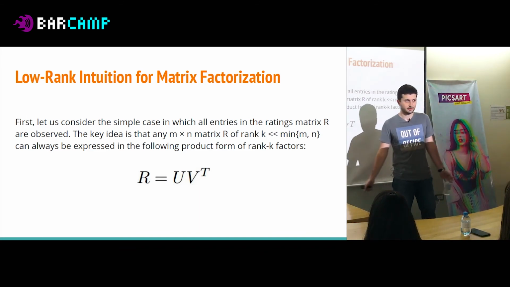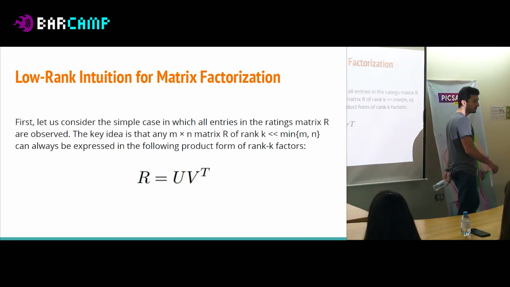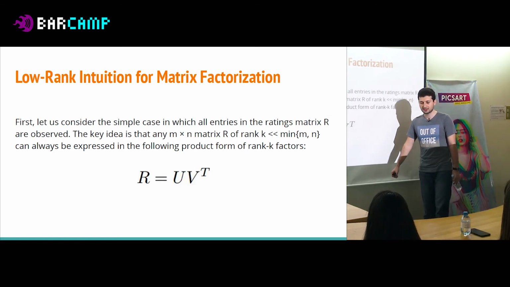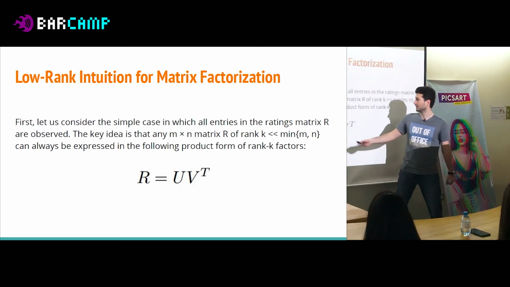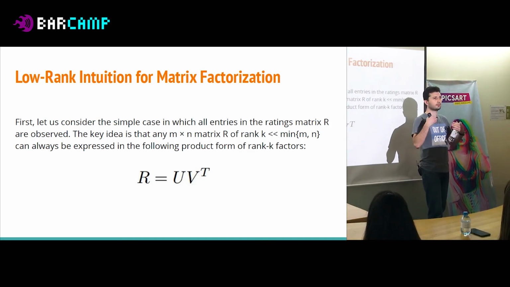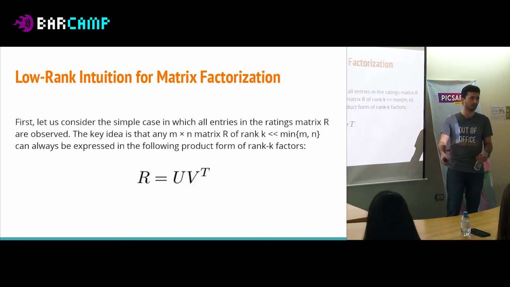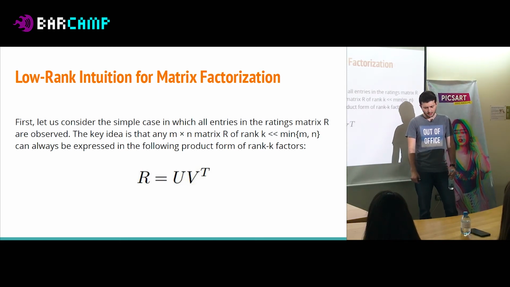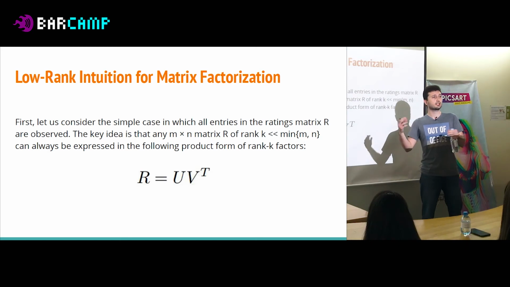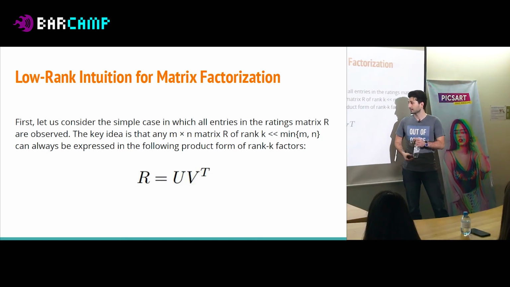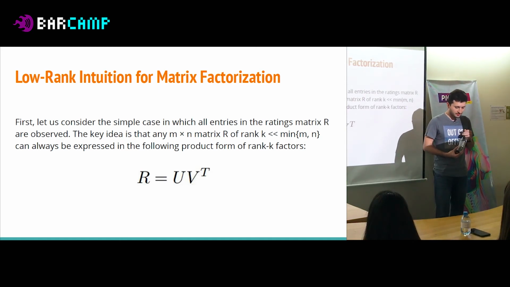So firstly, what is factorization? If we are talking about matrices, this means that we can represent or reconstruct the R matrix, a matrix of ratings, the one that I was talking about before, a matrix of users and items, as a multiplication of two other matrices. Why is this important for us?